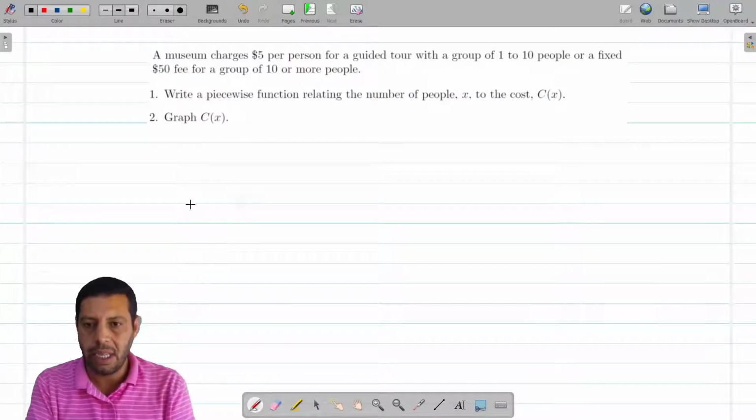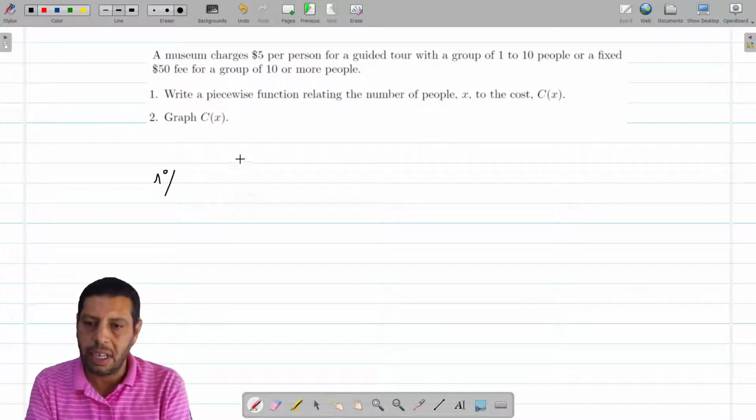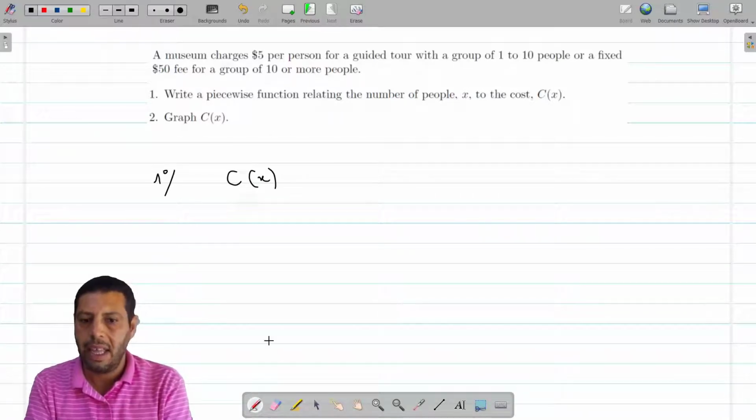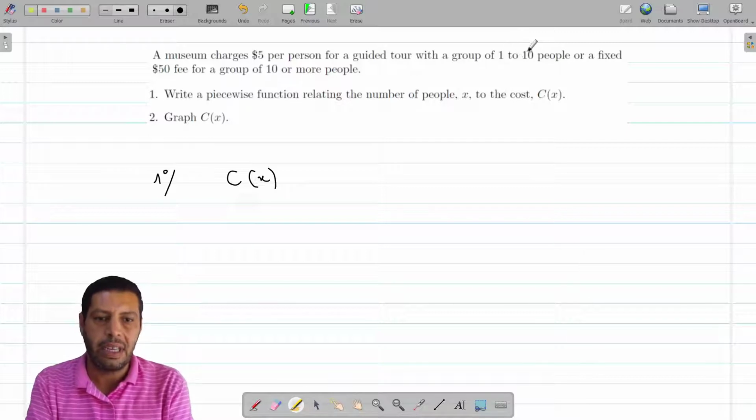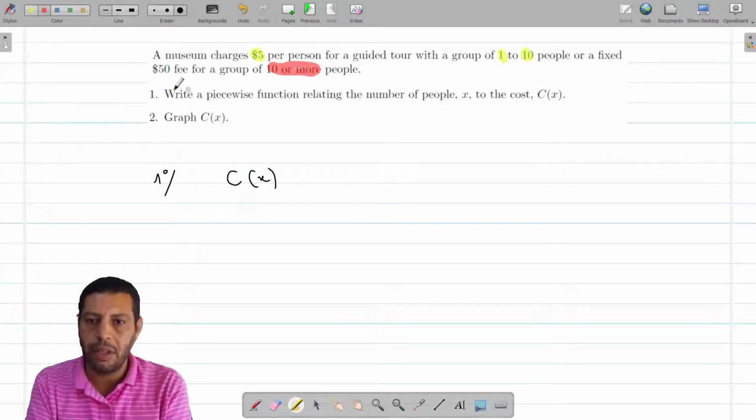So our goal here is to write our function c of x. And as you can see, the cost depends on the number of people. From 1 to 10, you will pay $5 per person. But for a group of 10 or more people, you're going to pay a fixed cost of $50.